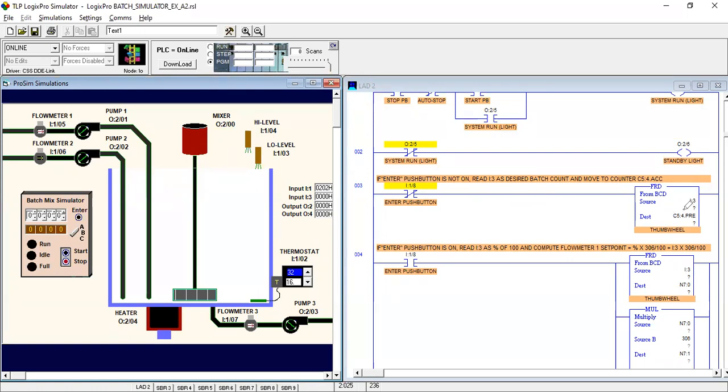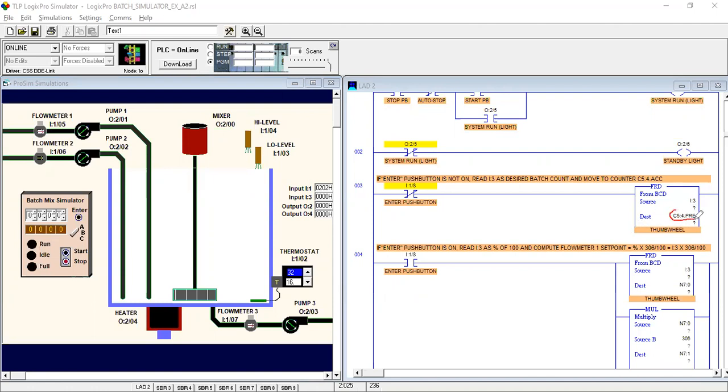So in the thumb wheel we have added, we have to fill the input address, and in the destination parameter we have the counter preset value. This is the counter preset value, because our thumb wheel counts the counting.